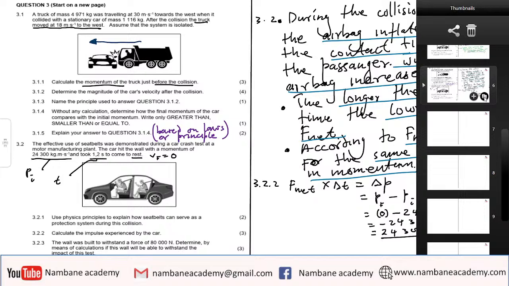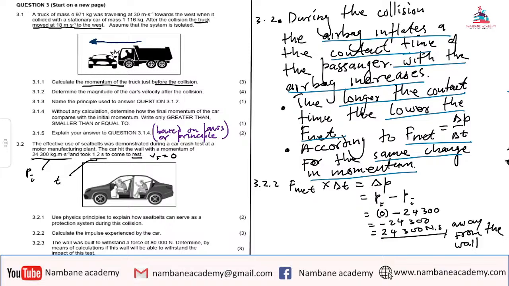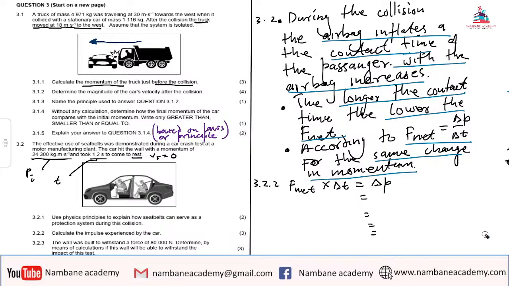Let's quickly duplicate. And then they say now the wall was built to withstand a force of 80,000 newtons. Now, by means of calculations, will this wall be able to withstand this test?